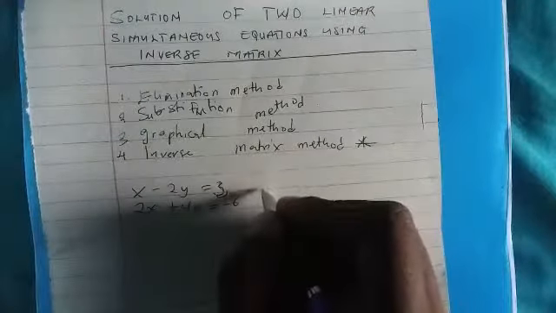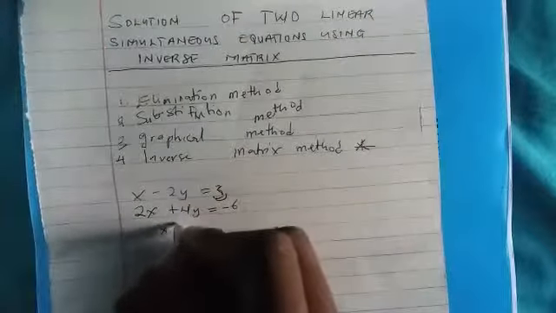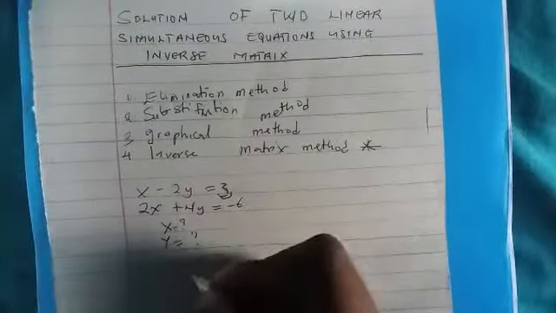So this is a simultaneous equation which you have to solve, and then find the value of x, and then find the value of your y.